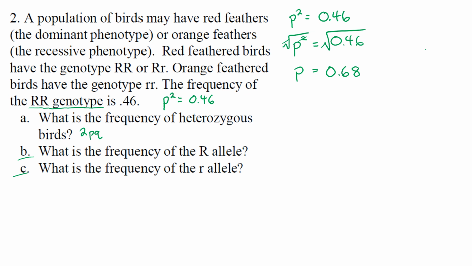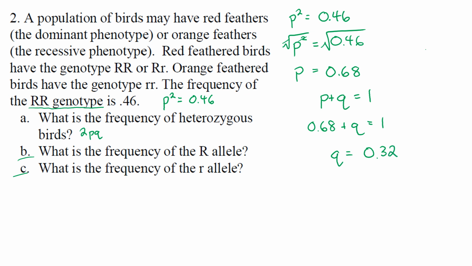I'm just rounding it here. I'm keeping that number in my calculator. Now to solve for q, I simply take the equation p plus q equals 1, and then 0.68 plus q equals 1. And I'm putting the number into the calculator to get q equals 0.32.